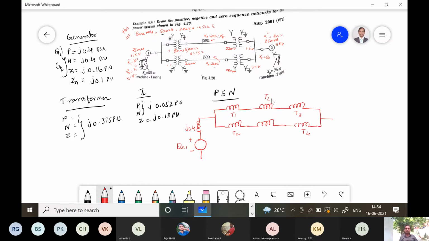These are transmission line 1 and transmission line 2. Next there is generator 2, EG2. This is the reference bus.